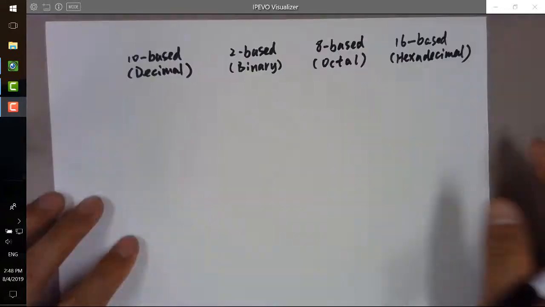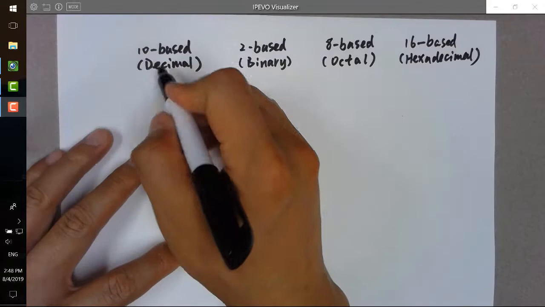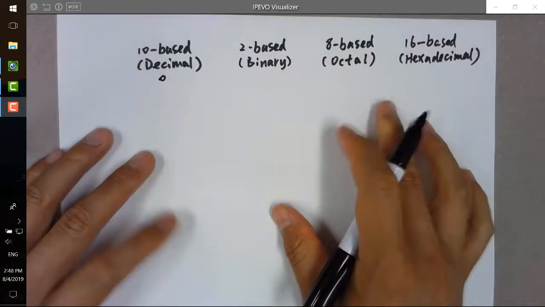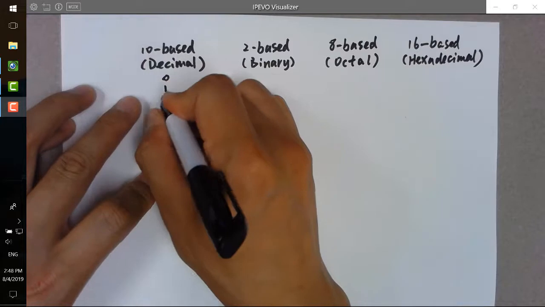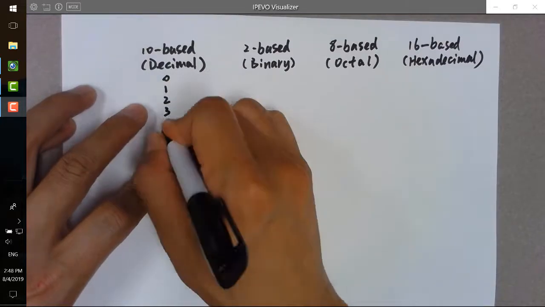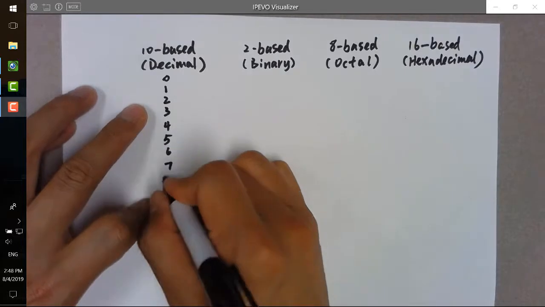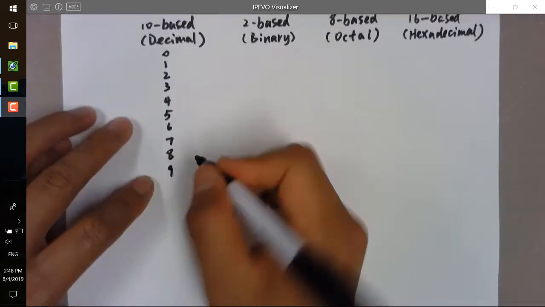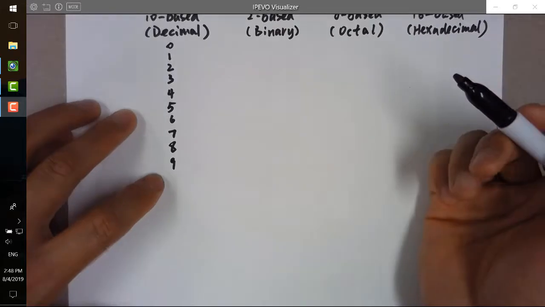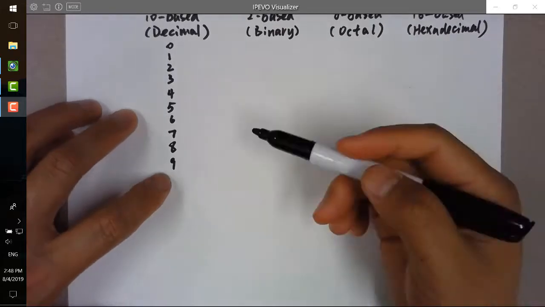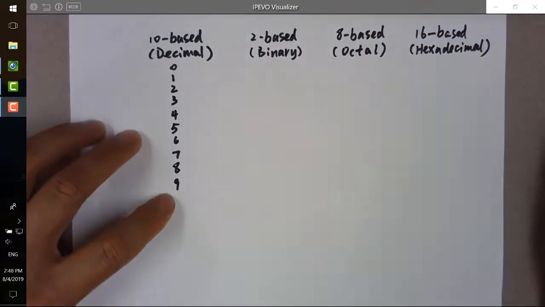Right. So let's start counting these numbers. Definitely we start from 0, and the next number is 1, then 2, 3, 4, 5, 6, 7, 8, 9. After 9, there's no such single digit number 10 in the 10-base number system in Arabic numerals.